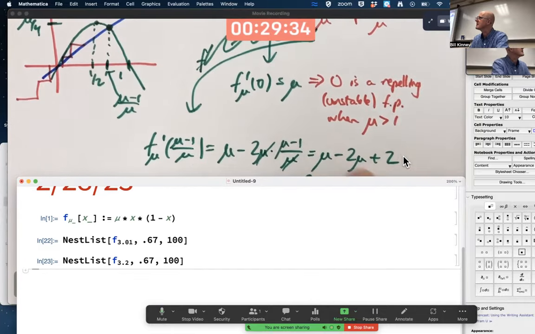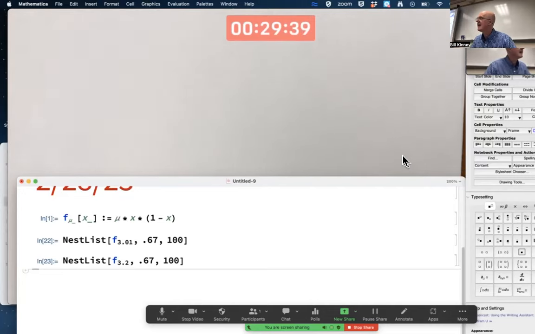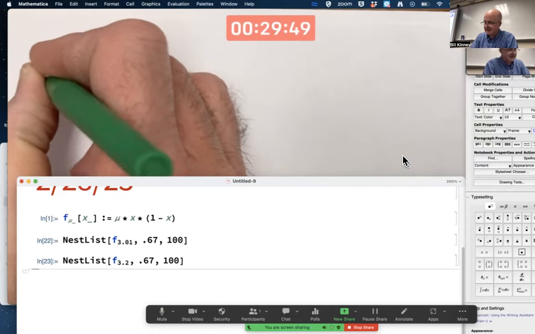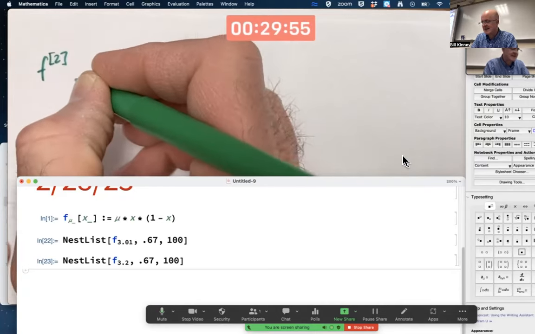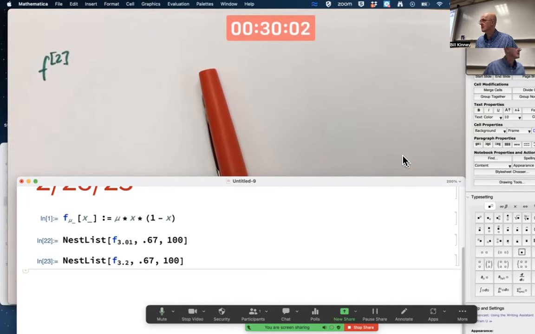We have to create a new function. I called it F2 last time. There's a book I have that writes it like this, makes the 2 a superscript, and puts it in square brackets, which is a little confusing because some people might interpret that as a power, f to the second power, or other people might interpret that as a second derivative.